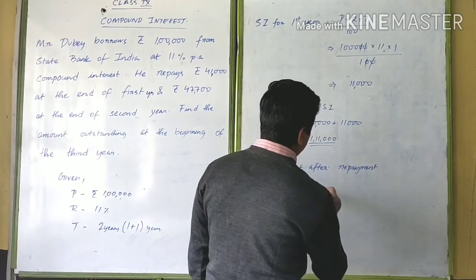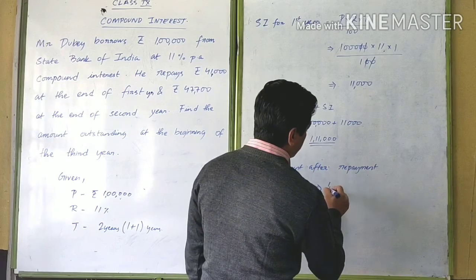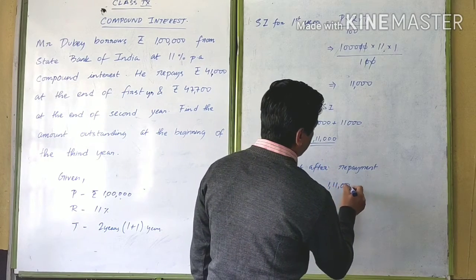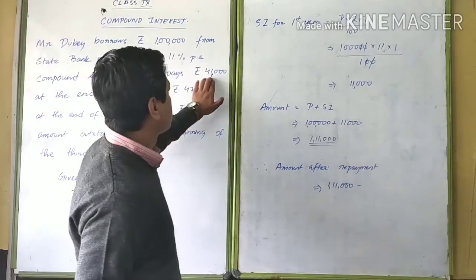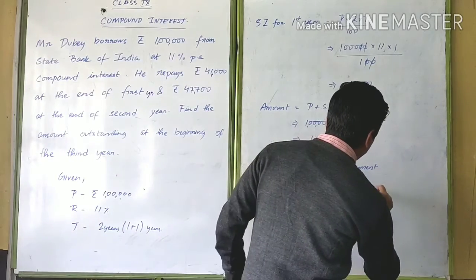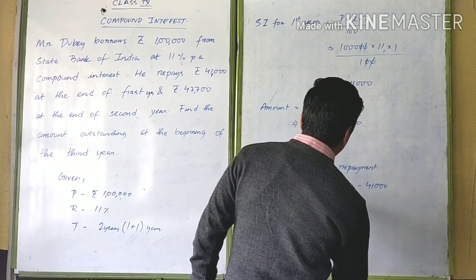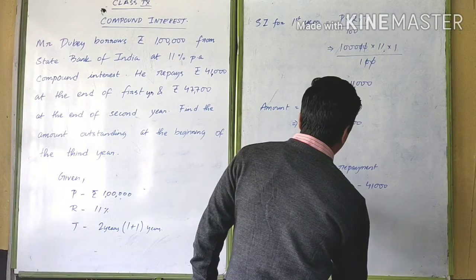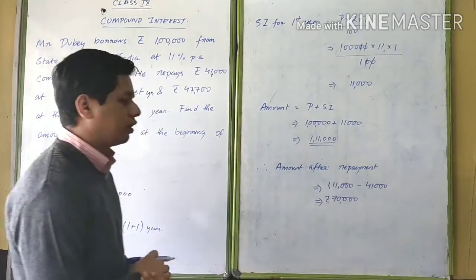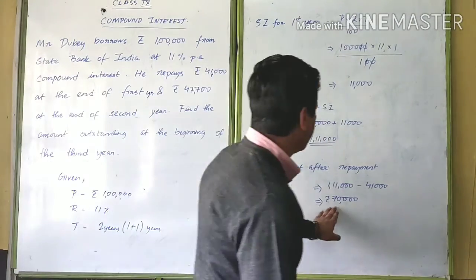So this will be the amount which we derived out here, 1,11,000 minus the sum of money which he has paid, that is 41,000. So this comes to rupees 70,000. So this amount of money is due.